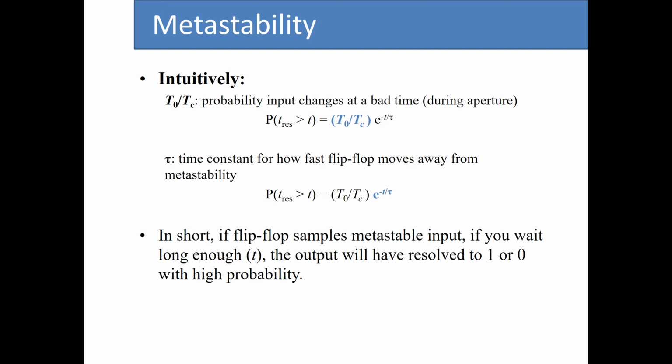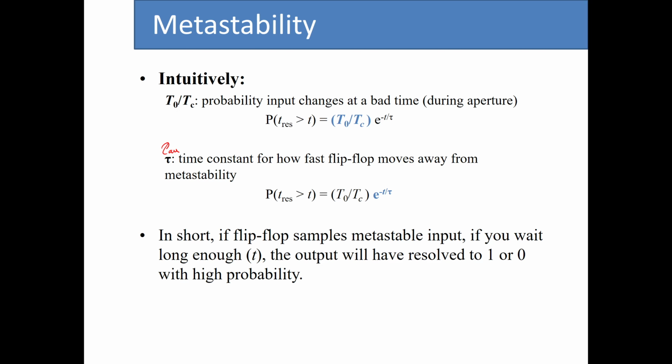So intuitively speaking, T0 over Tc is the probability that the input changes at a bad time, basically during the aperture time. And we have tau, which is the time constant for the flip-flop.